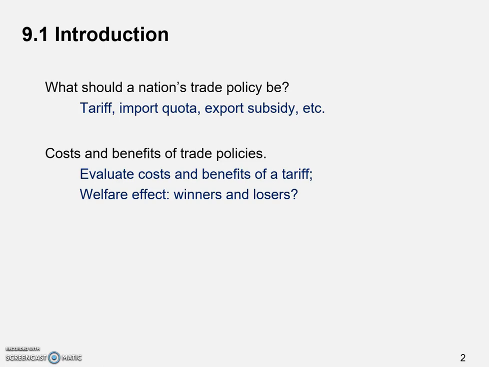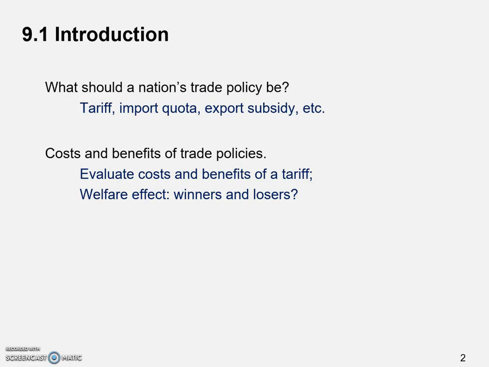The videos I'm going to make for this chapter are going to focus on the costs and benefits of the trade policies. We're going to evaluate the costs and benefits of tariffs primarily, and of import quotas and export subsidies. You probably noticed that we already discussed these in previous chapters, right?